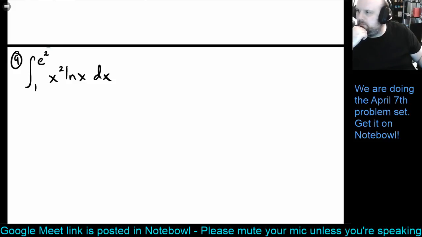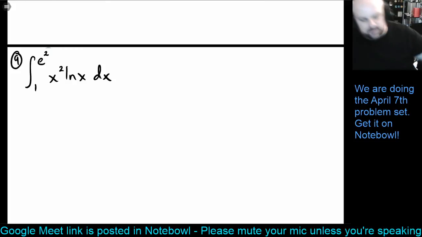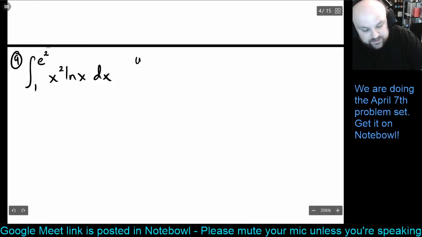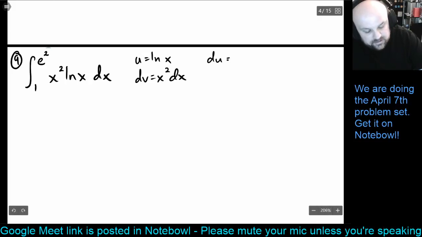All right. So let's see how we did. Right, so again, this has a logarithmic and an algebraic part. So u is going to be the ln. dv is going to be the x squared dx. So du is going to be 1 over x dx. v is going to be 1/3 x cubed.